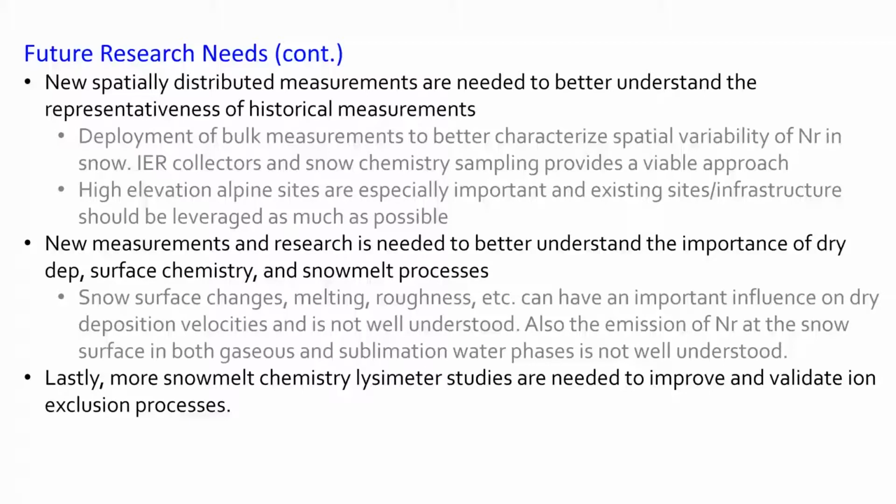So more research into those phase changes is definitely needed. And lastly, more research related to the ion exclusion, snowmelt chemistry type studies using lysimeters would really provide valuable data to be able to validate studies looking at that snowmelt water concentration.